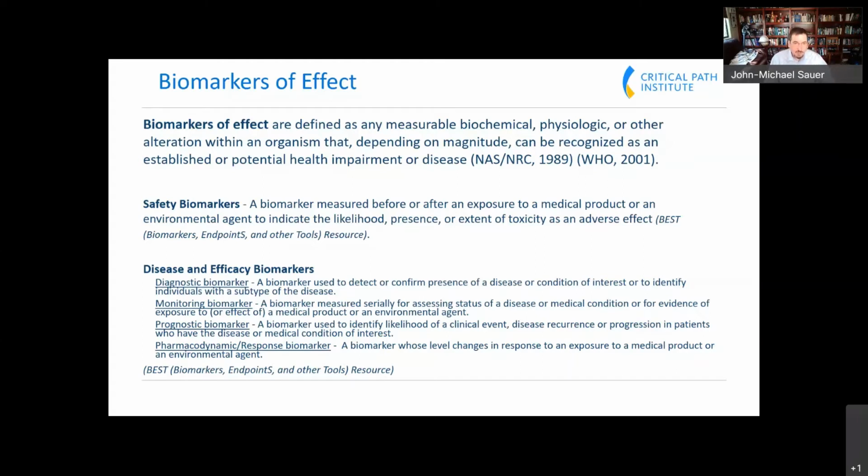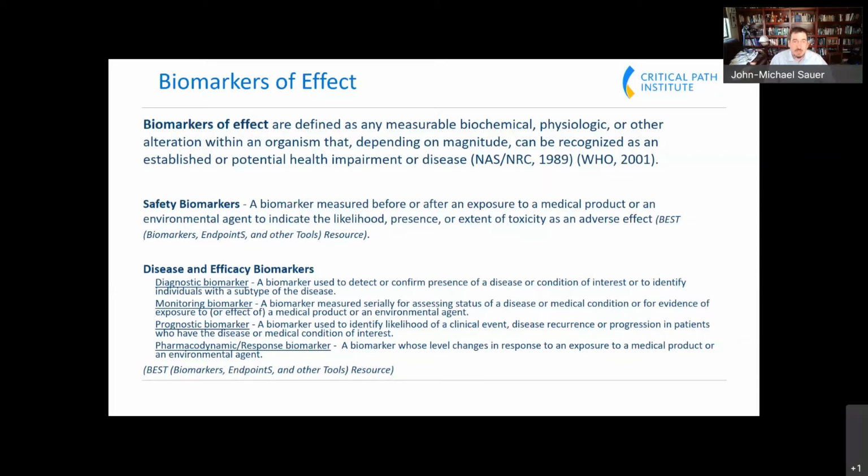Now, the part that was surprising to me is this is very, very different than the way we think about biomarkers within drug development. Instead, what we've done in the drug development realm is to sequence or separate the various biomarker types so that, as we work towards having these biomarkers to be used within drug development, we know exactly what we're trying to chase after as far as the different properties and characteristics of the biomarkers.